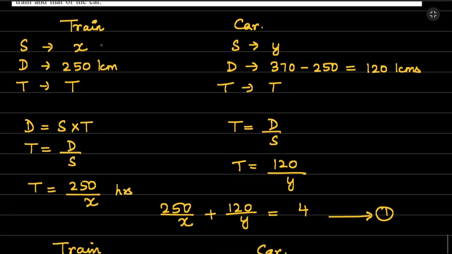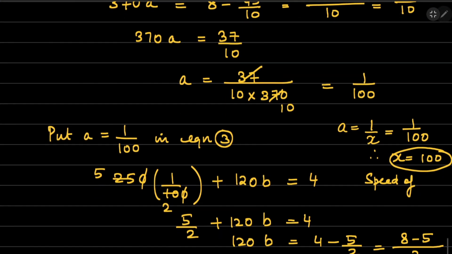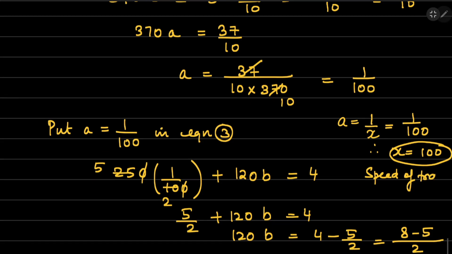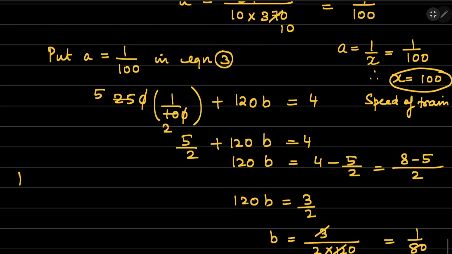Initially, we took, this is the speed of the train in kilometer per hour. So, we assume the speed of the car to be y kilometer per hour. Y is the speed of the car. So what have we got? X equal to 100. This is the speed of the train. What is B you are getting? B is 1 by 80. B is 1 by y equal to 1 by 80.